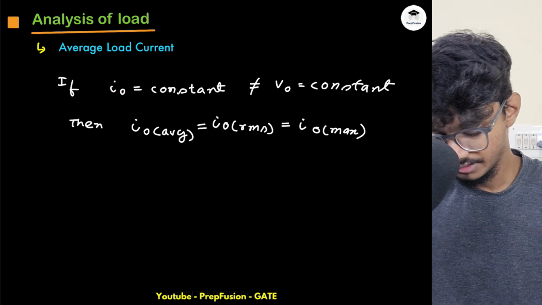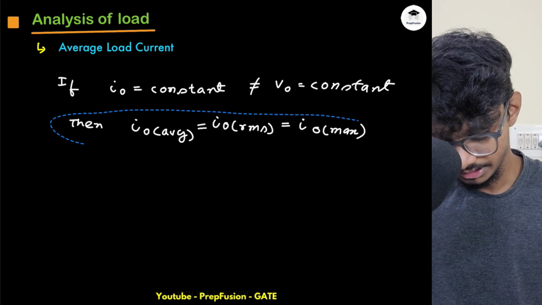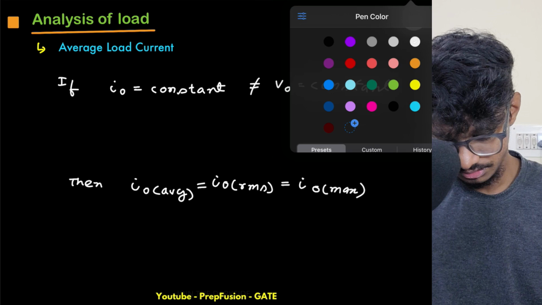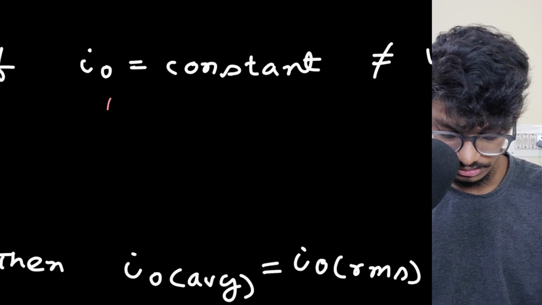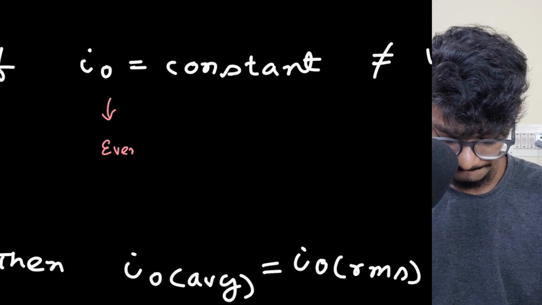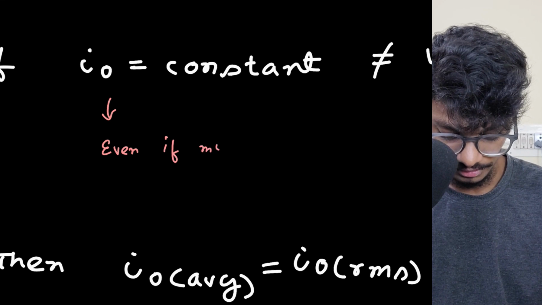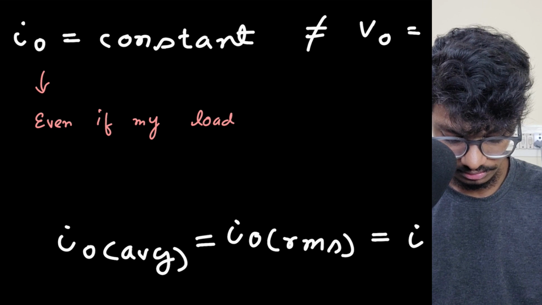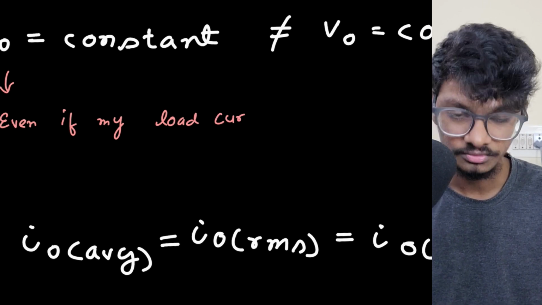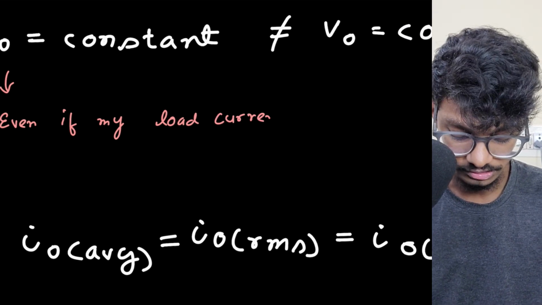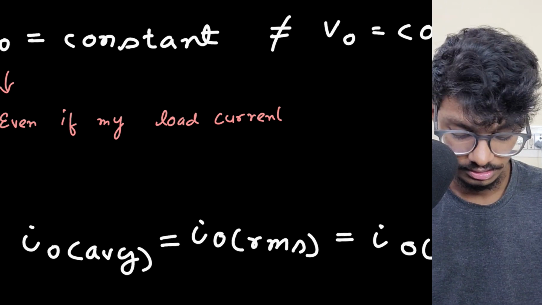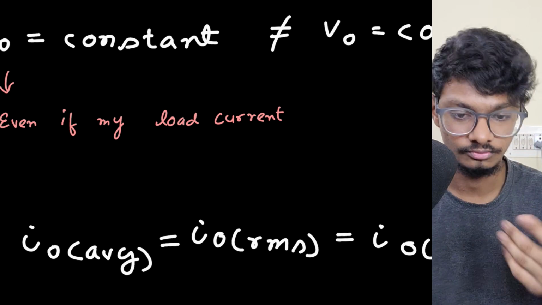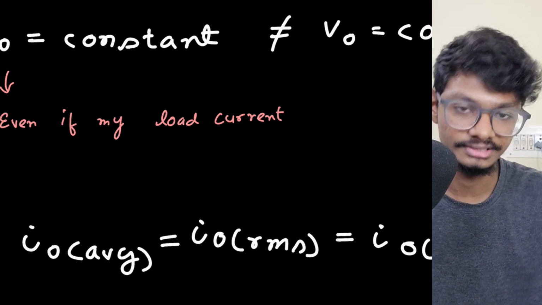So this is what I meant by this statement. I'll write it in words: even if my load current is constant, because I want both of them constant, for that we use full wave rectifiers and then 3-phase rectifiers, all those things.